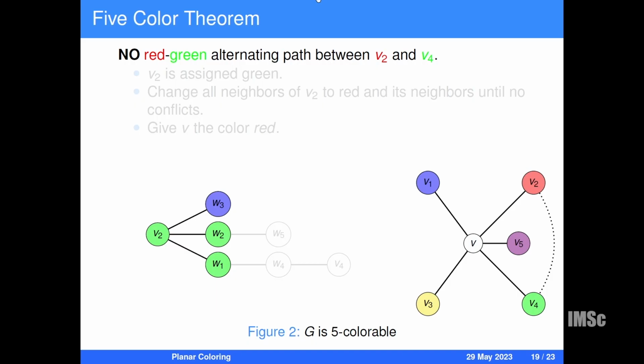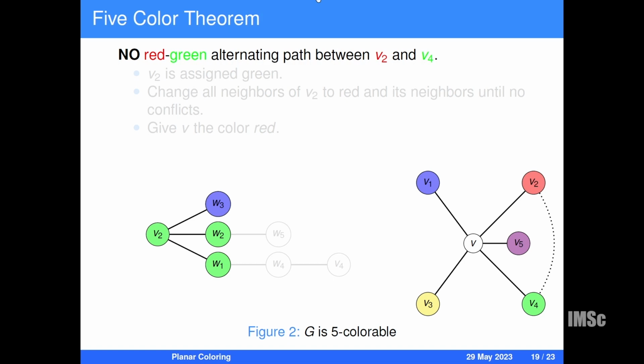Even if there is no red green alternating path, we started with some vertex V2, looked at all the vertices here, and if there is a conflict, we changed and kept on moving to the next phase, right? So how many steps can we go in the worst case?